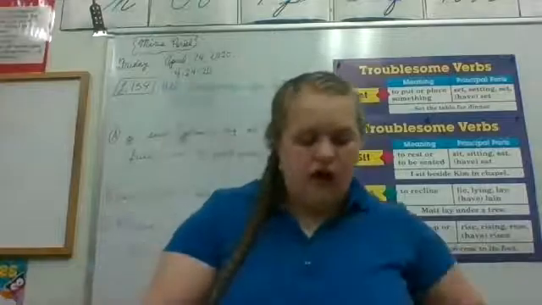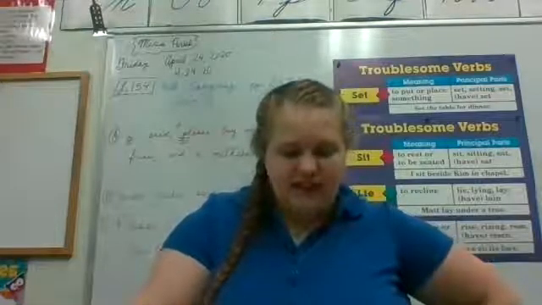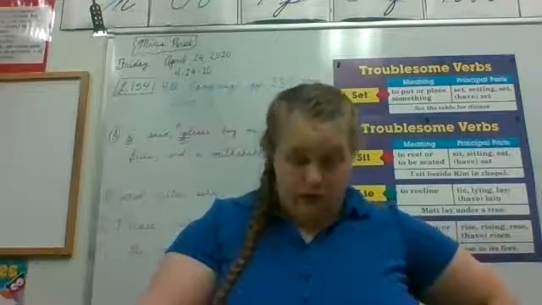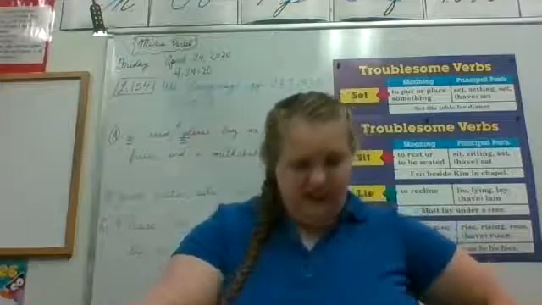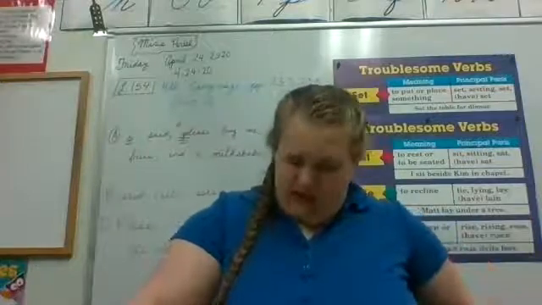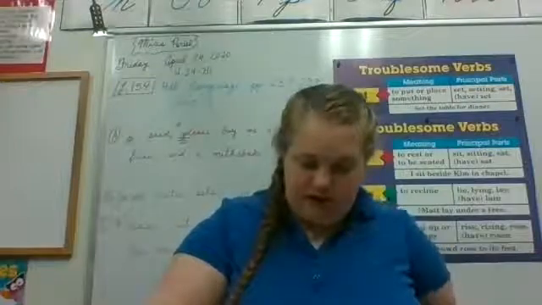Okay, so on write C, it says on notebook paper, write 3 sentences using sit, set, and sat. Okay, so 1 word per sentence. So a sentence with sit, a sentence with set, and a sentence with sat. Okay, and then remember D, look for errors in punctuation and capitalization.